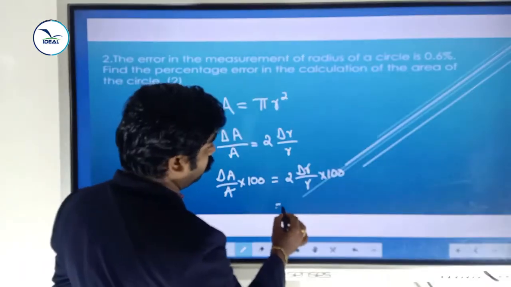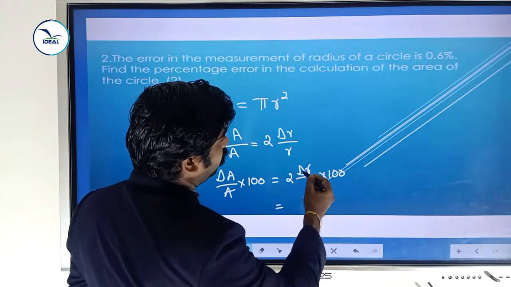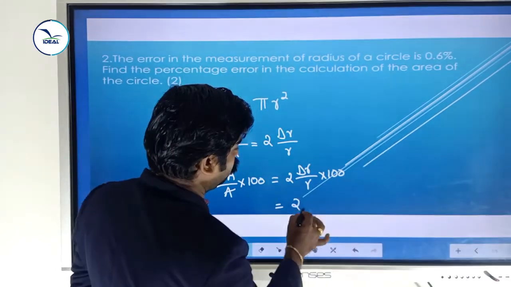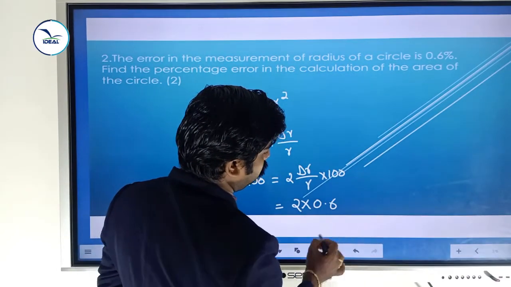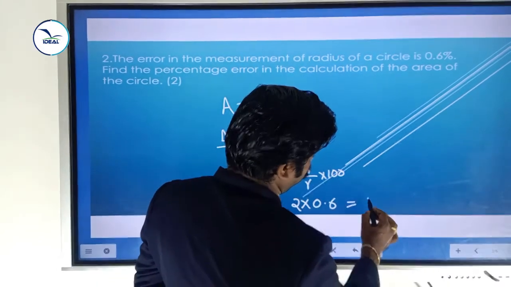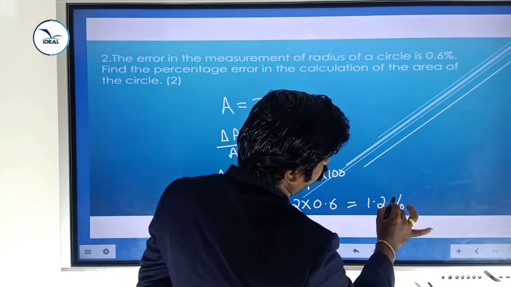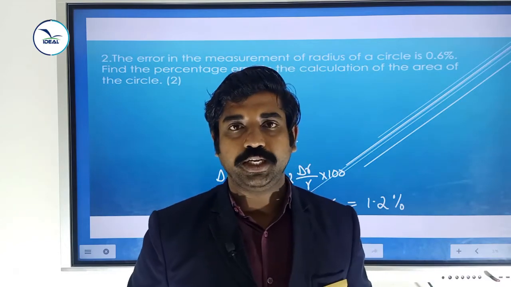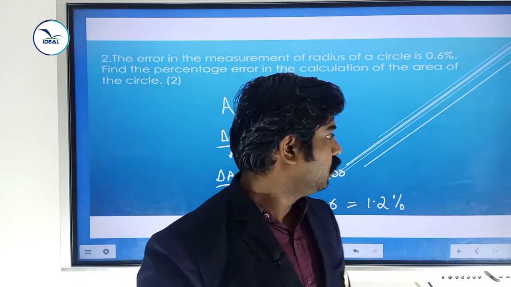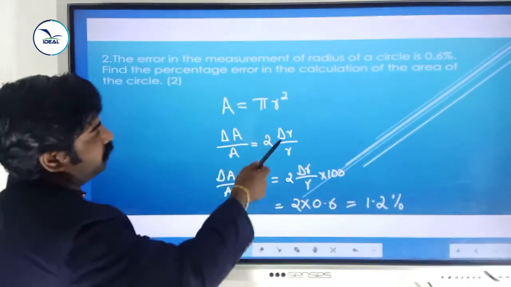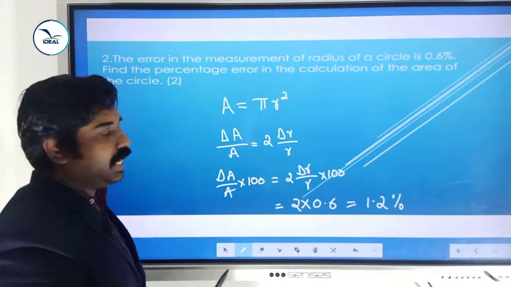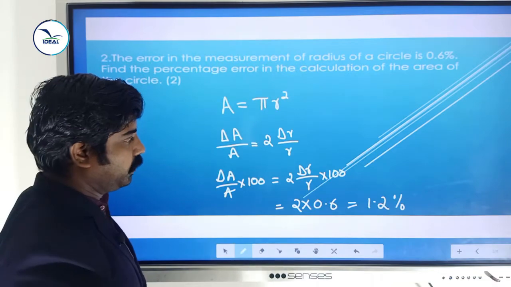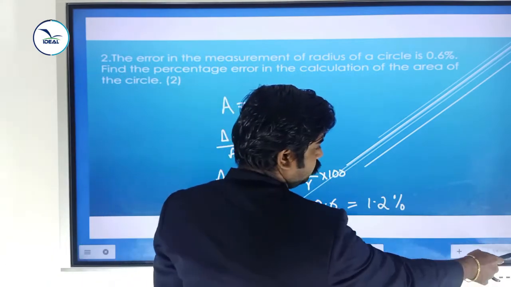Delta R by R into 100 we have, so that is 2 into 0.6, which equals 1.2%. So the answer is 1.2%. Clear? Very simple. First we write the equation and then the corresponding error. Then we will get the answer.